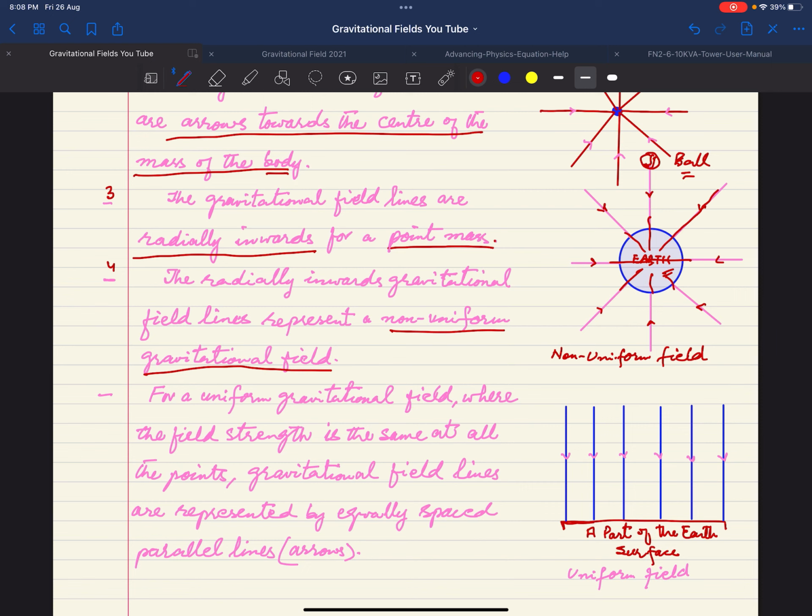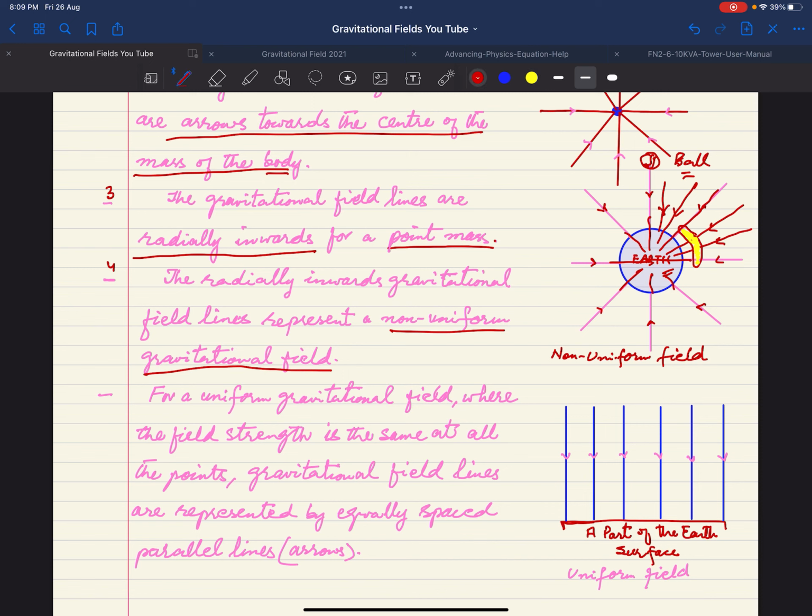Non-uniform, as I have just described: if you are close somewhere here, all these lines give you the gravitational field lines, and the number of lines passing through this surface or this body is more compared to the situation where you have the same body somewhere here.